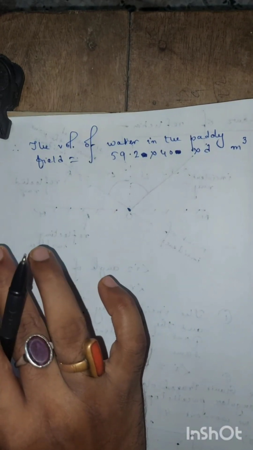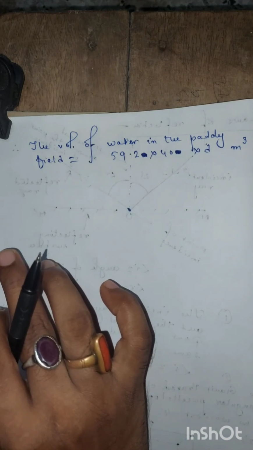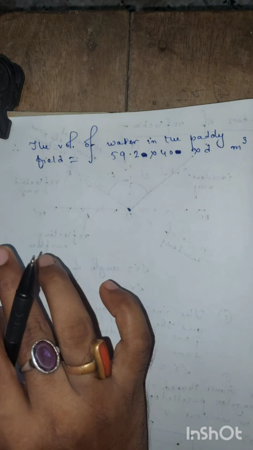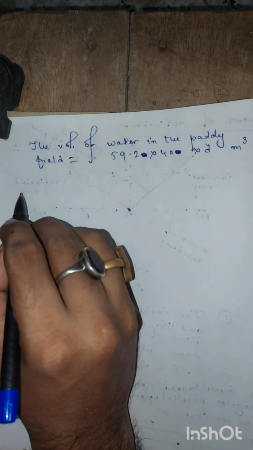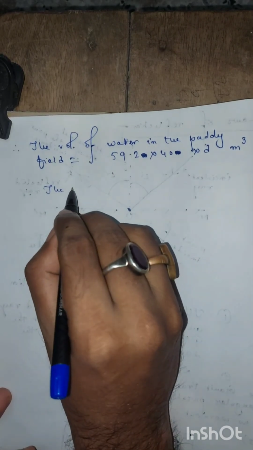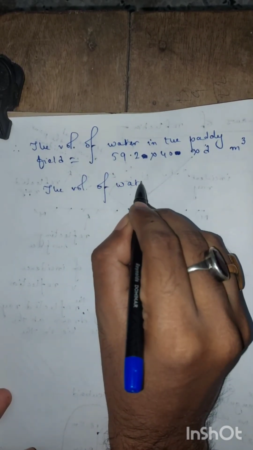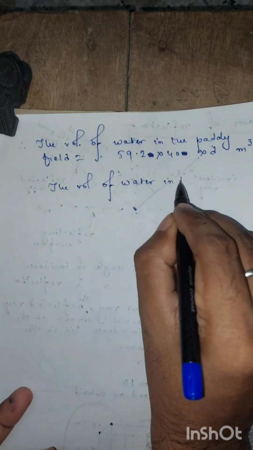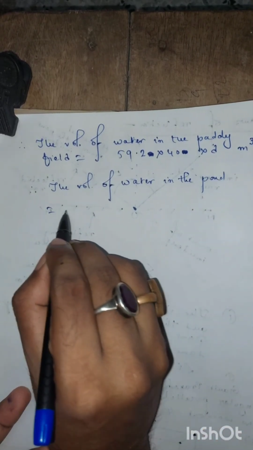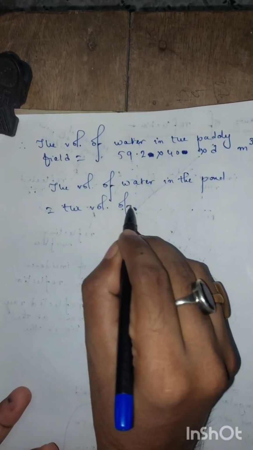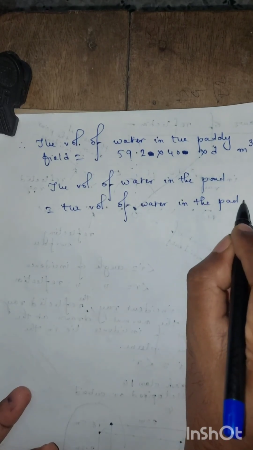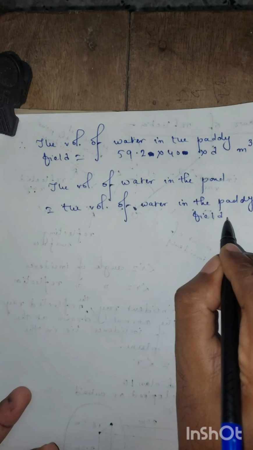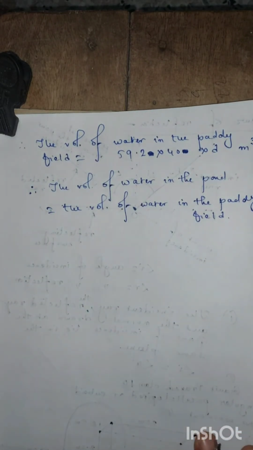The volume of water in the pond. So these two things are equal.